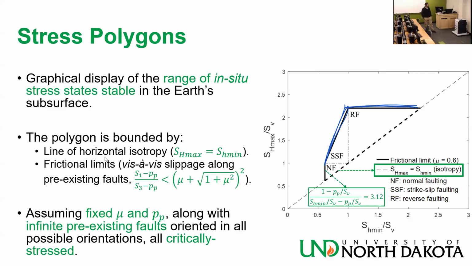If you give pore pressure in terms of SV, it's much easier. If you say pore pressure is 0.43 SV, automatically it's clear that the polygon I'm building is for pore pressure equal to 0.43 SV, and mu equals whatever, 0.6.